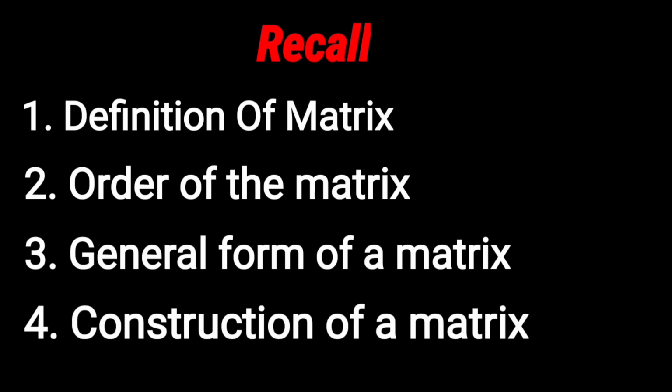Suppose it is a 2 by 3 matrix, it has 6 elements, since 2 threes are 6. So with 2 rows and 3 columns, all the elements are written as a and denoted by 2 numbers, i and j, for row and column. With this general form, we construct a matrix with the given order. So that is everything we have learned in the previous class.